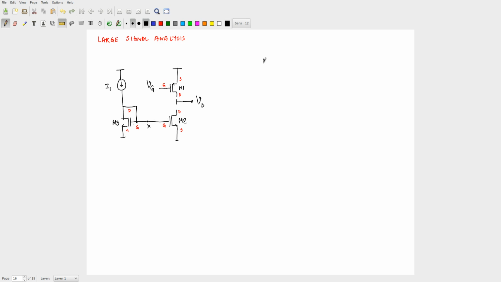All of you have seen this kind of thing before. Okay. So, my input is V capital G, that is the total input, okay, and my output is V capital D, again my total output. I want to make a plot of this. Is that okay?